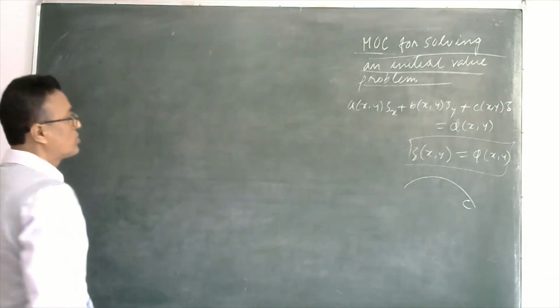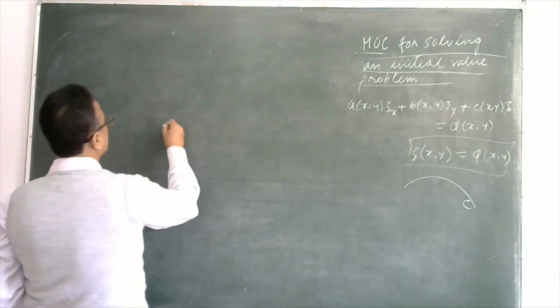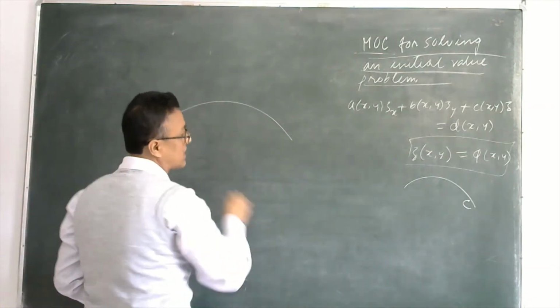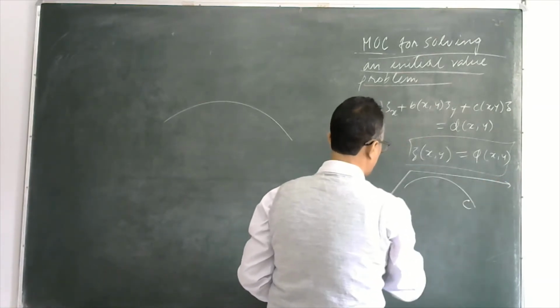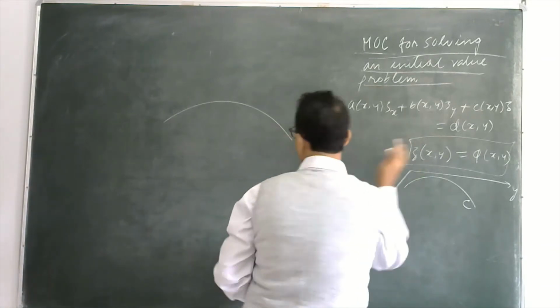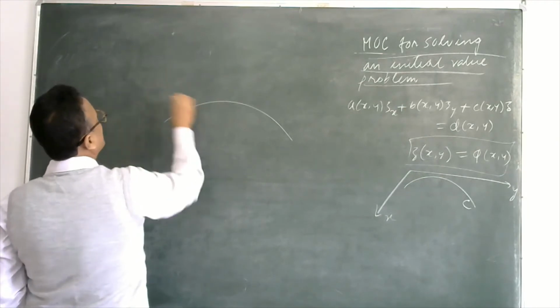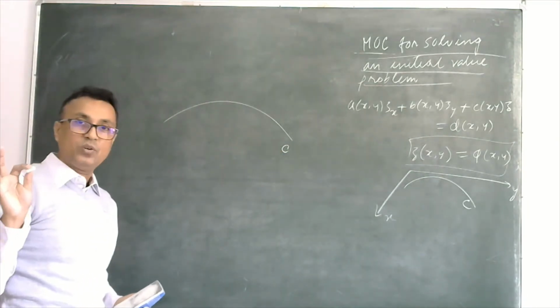Okay, so here what we are going to do. See, obviously, you know that this initial curve, although I was telling that this is in the XY plane, because I'll be already having the values of z, that means I will have an initial curve C in XYZ space. Okay.